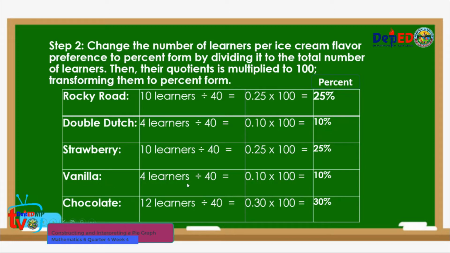Vanilla has 4 learners, divided by 40, and that is equals to 0.10 or 10 hundredths. Then multiply it to 100, and that is equals to 10%. Chocolate has 12 learners, divided by 40 total number of learners, and that is equals to 0.30 or 30 hundredths. Then multiply it to 100, and that is equals to 30%. That is step 2.